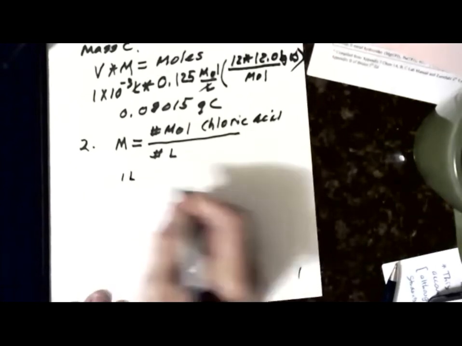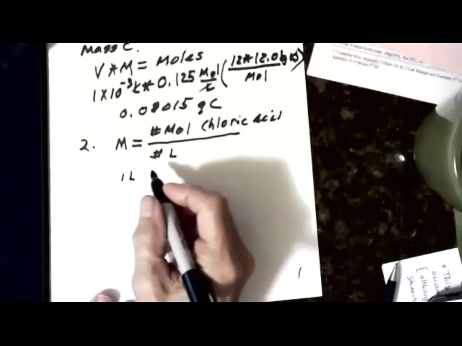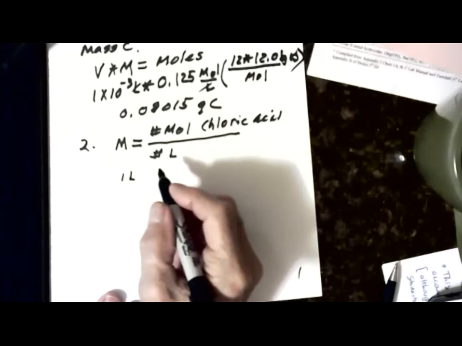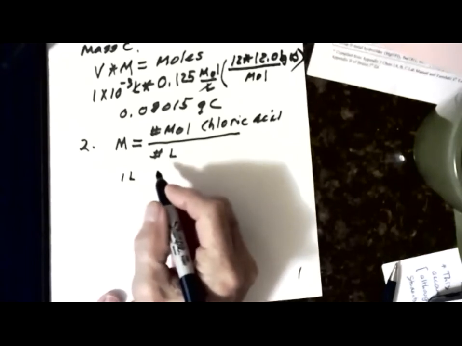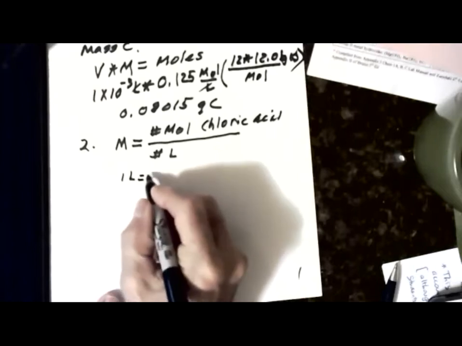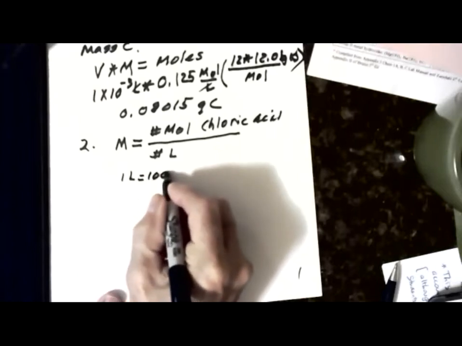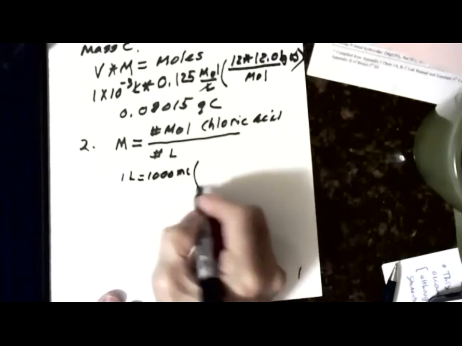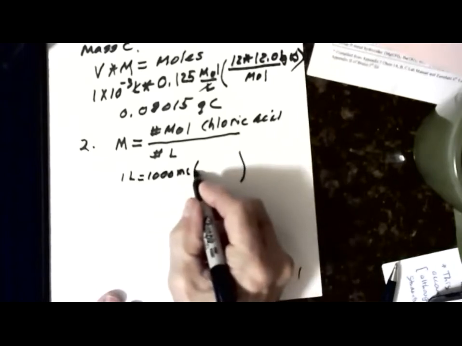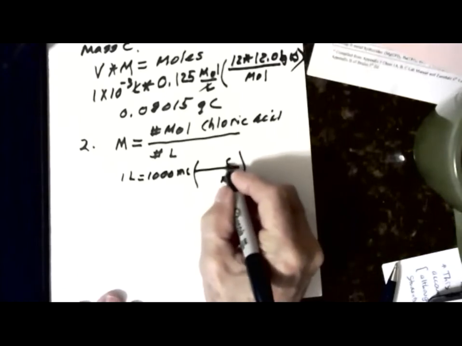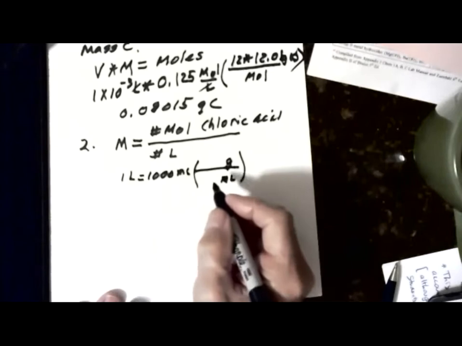So if I have 1 liter of that solution, well, let's look at what we've got. Okay, the solution is 1.45 grams per milliliter. So 1 liter is going to be 1,000 milliliters. And now I'm going to convert from milliliters to grams of the solution.